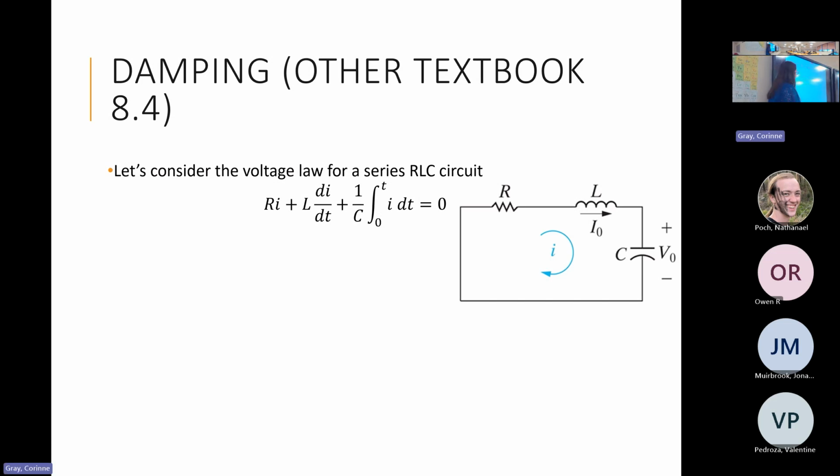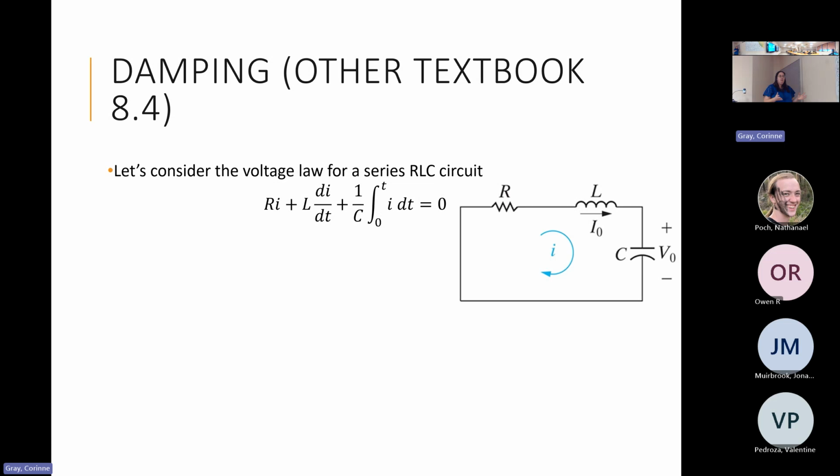This middle term is the definition for the voltage across an inductor, L times the time derivative of my current. Then I have the voltage across my parallel plate capacitor, which is Q over C. And with that Q, the definition of charge says it's equal to the time integral of the current.